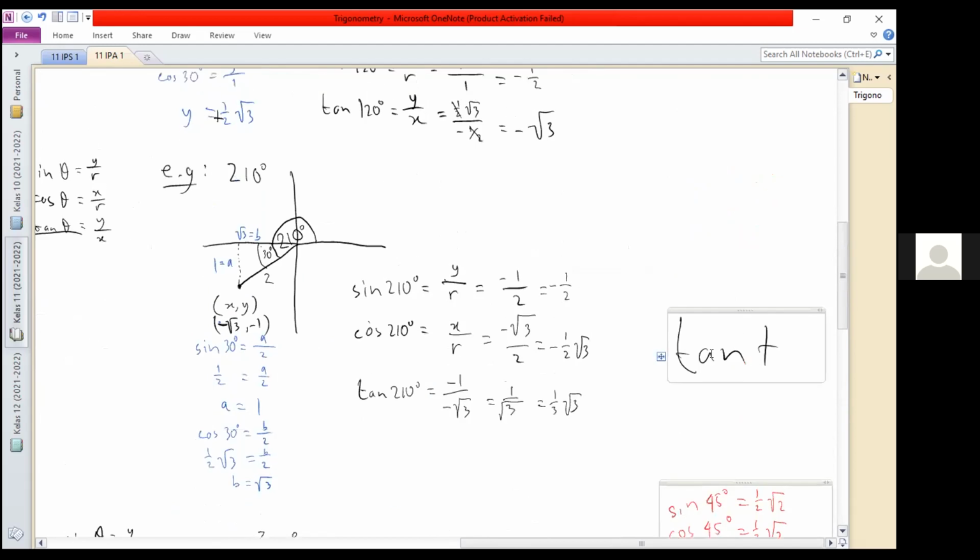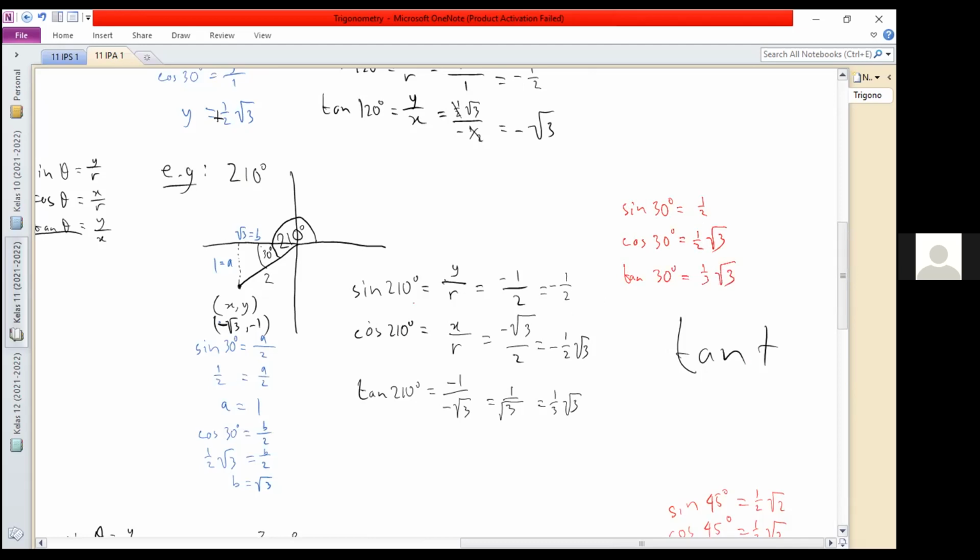From 210 degrees, we have sine of 30 degrees is 1/2, cosine of 30 degrees is 1/2 times square root of 3, and the tangent is 1/3 square root of 3.